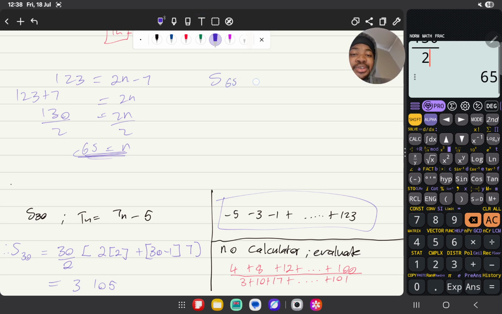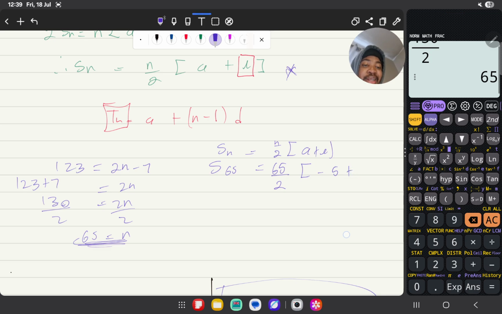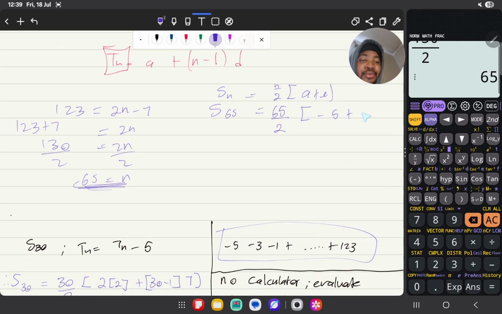So you then say S65, you have already written your formula of Sn being equal to n over 2, a plus l, right? Then you would say here 65 over 2, times minus 5, which is the first value, plus the last value, which is what? 123, right?